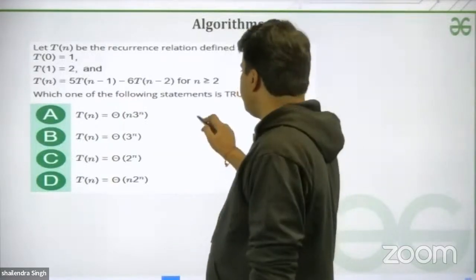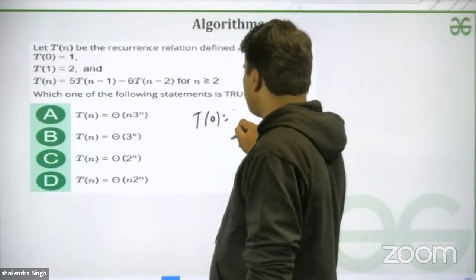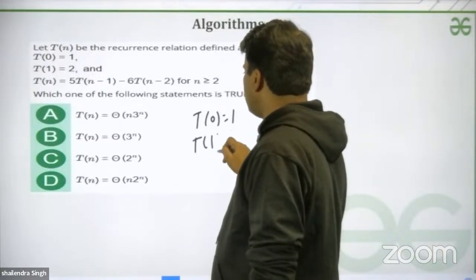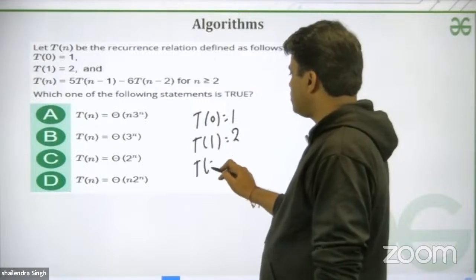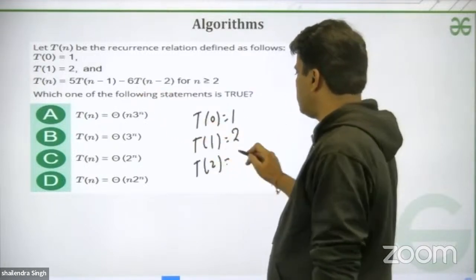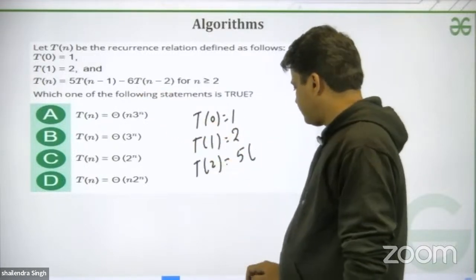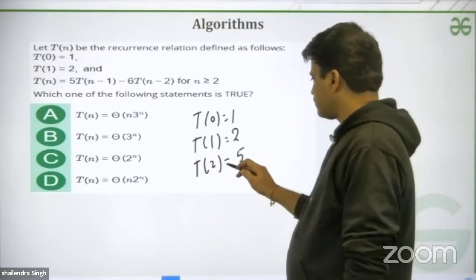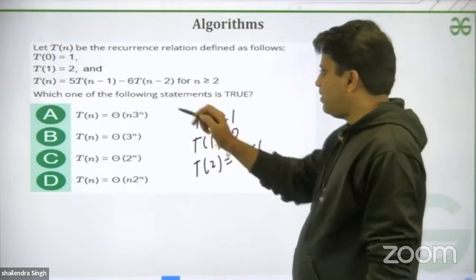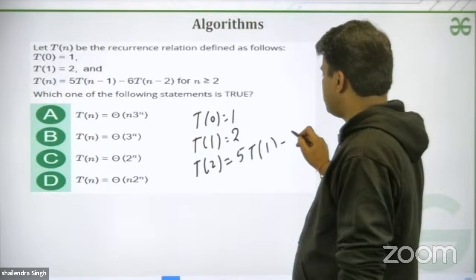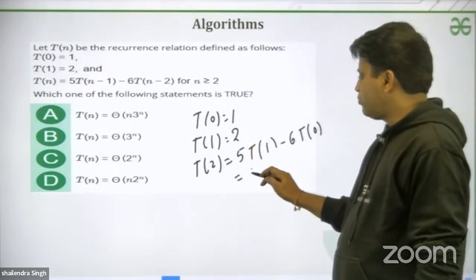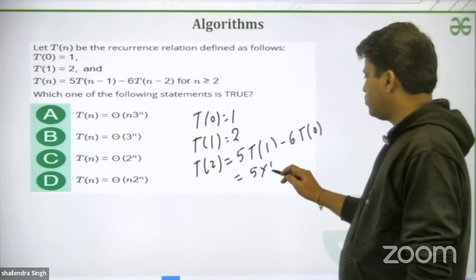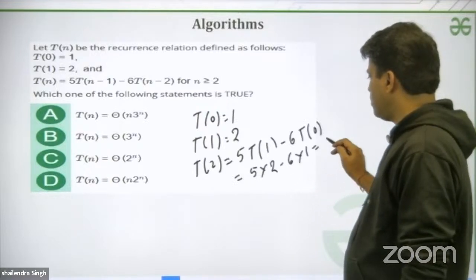So in the question, dear student, it is given t0 equals 1, t1 equals 2. Now what is t2? Just find it from this equation. 5t(n-1), so this is t1, and 6t(n-2), this is t0. So 5 into t1, t1 equals 2, minus 6 into 1, so it will be 4.